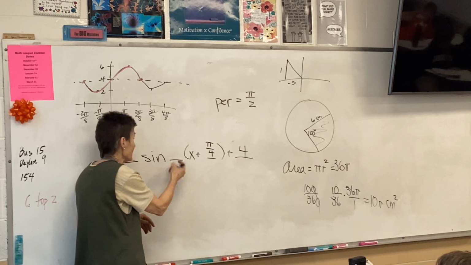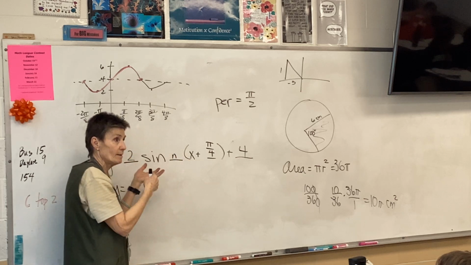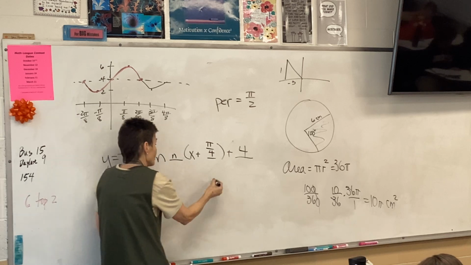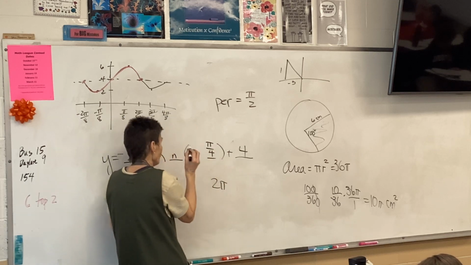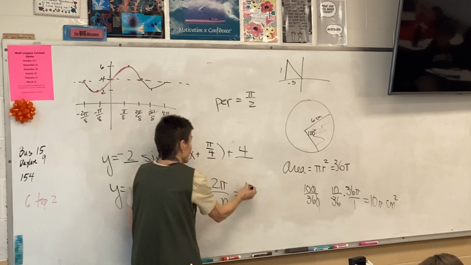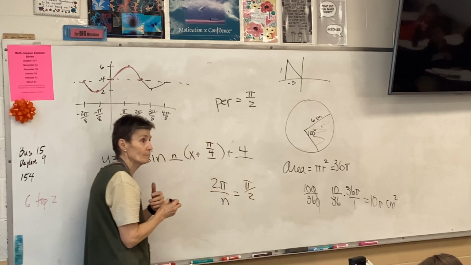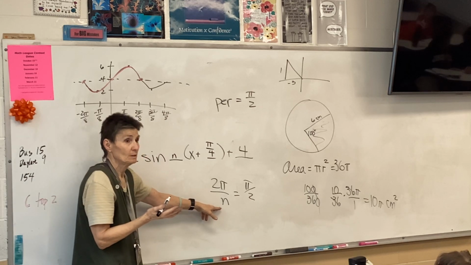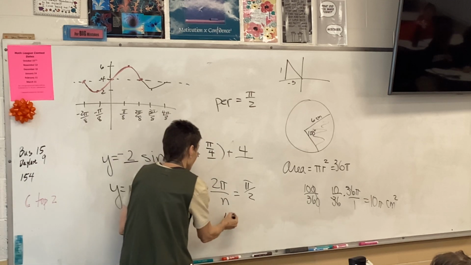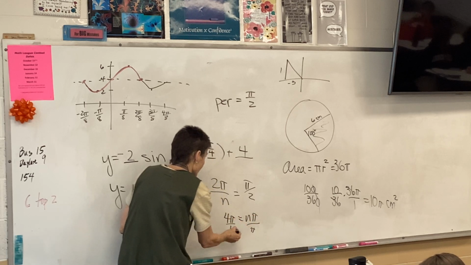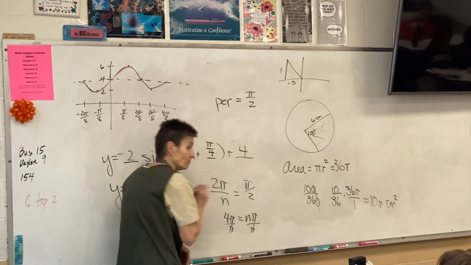Obviously, there's a number in here, call it whatever you want. There's a number there that has changed it. So 2 pi, the original period, divided by something is going to give me pi over 2. Somebody said that has to be 4. You could also cross multiply and get 4.